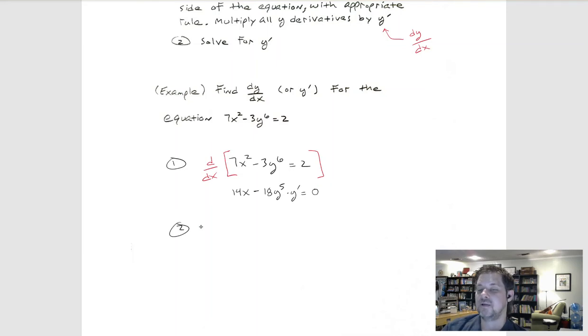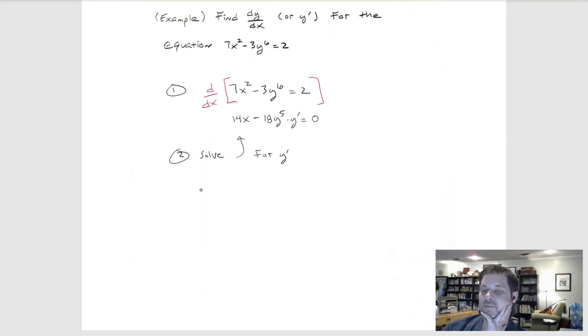Second step, since I want to know what the derivative is, I want to know what y prime or dy over dx is, I'm going to solve that equation for y prime. And then if I solve it for that, then I'll know what it is. So I'll go ahead and recopy it, although it's not entirely necessary to do that, but I want to start fresh. There it is. Now, I want to solve this equation for y prime.